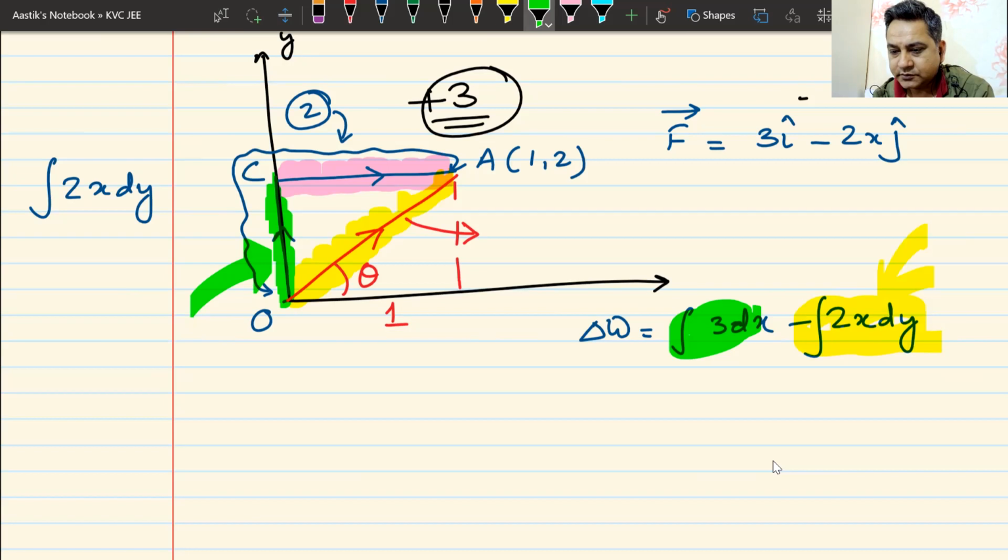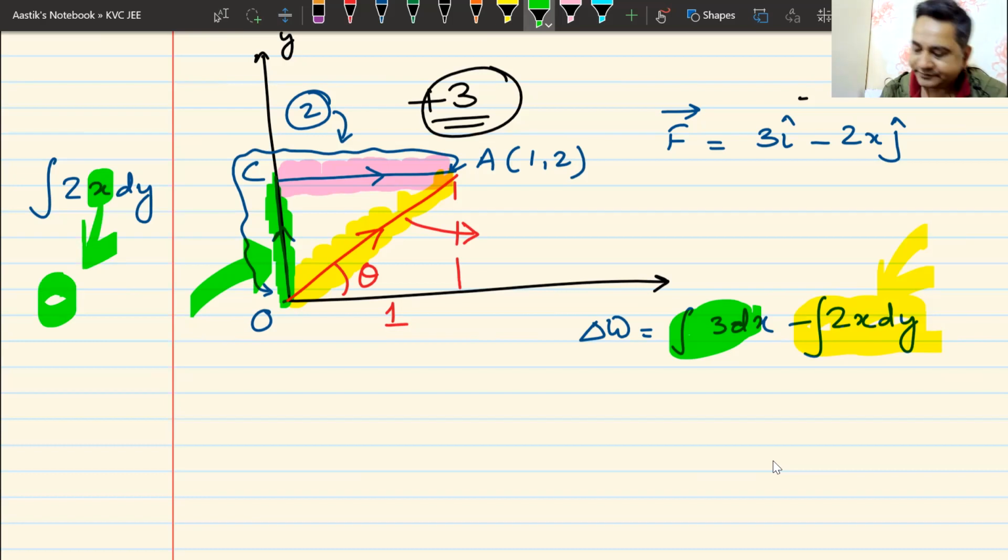Yes, sir. Tell me, what happens in the green path when I'm going from O to C? X is 0. Well done. X is 0, so I don't have to worry about the green path.